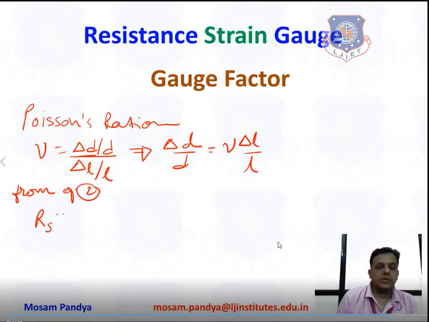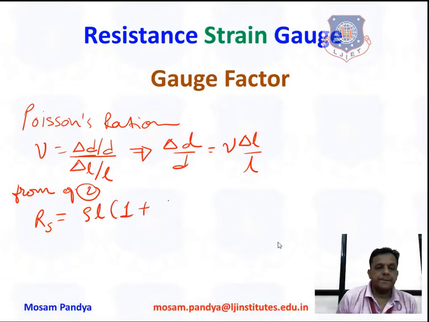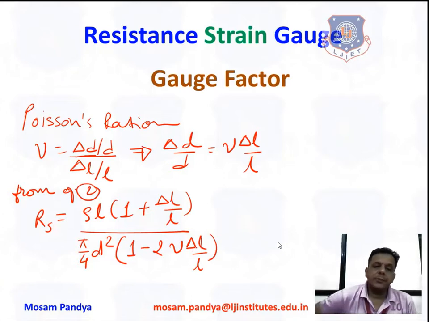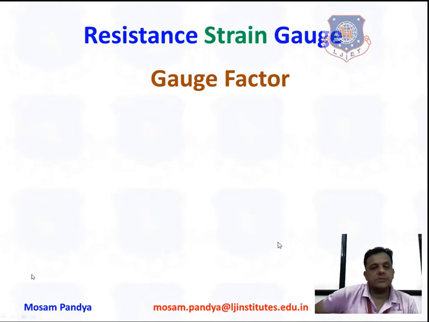So the new resistance Rs is rho L into 1 plus delta L by L upon, now we will substitute delta D by D equal to mu into delta L by L, so that is 1 minus 2 mu into delta L by L, replacing delta D upon D by the Poisson's ratio equation. So gradually we are moving towards the generalization of the equation for gauge factor.